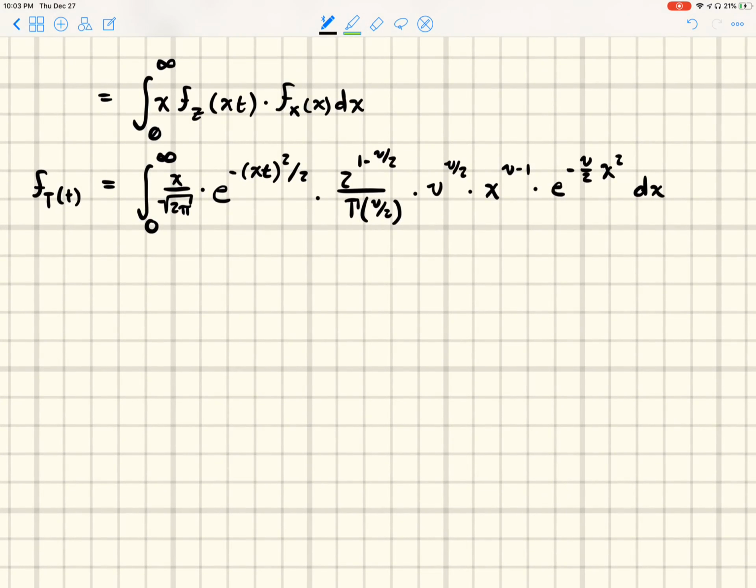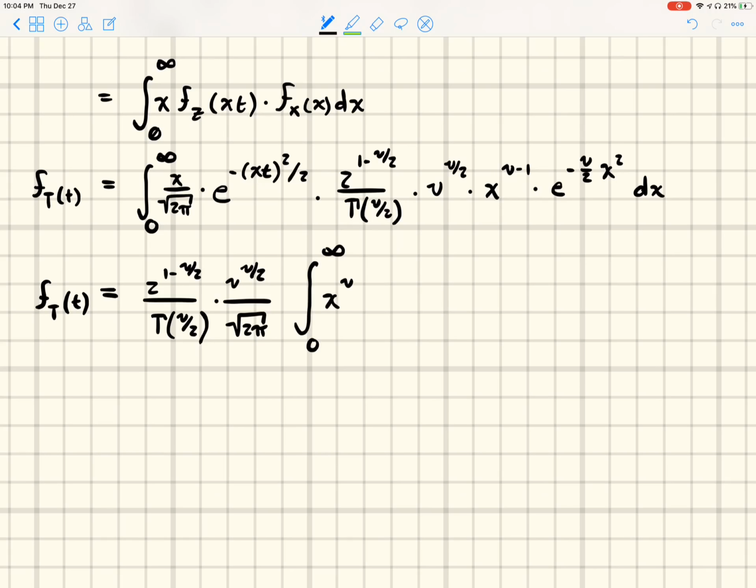And this allows us to write an integral form for the student t distribution, and it looks like this. And this is fairly nice. These are just constants that come out. They're not part of the integration. They're just multiplicative constants. And we can get this integral, which we'll evaluate in a second.